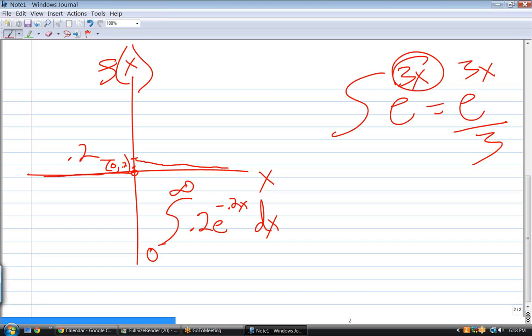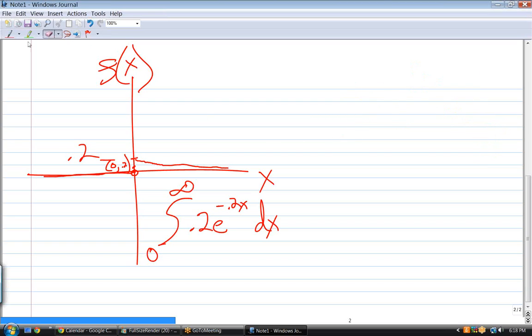So it'd be 0.2 e to the negative 0.2x divided by negative 0.2. The 0.2's cancel, so the integral ends up being that. And then we're going to evaluate it from 0 to infinity.